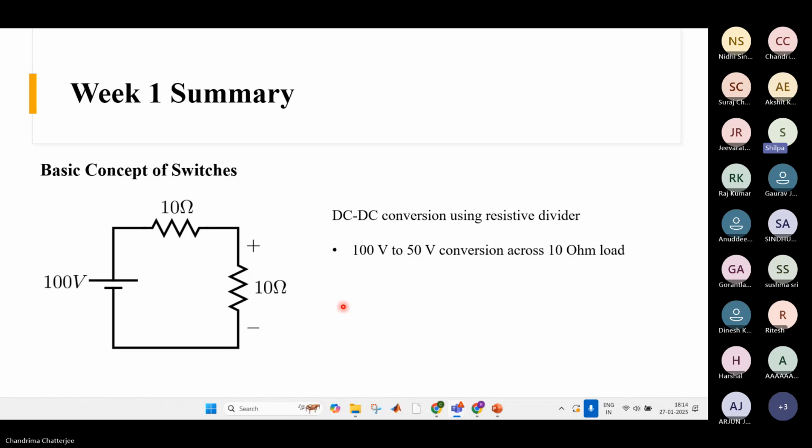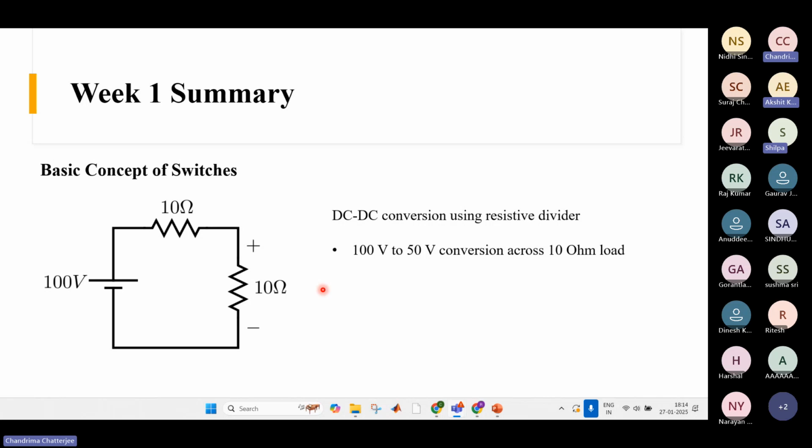Voltage is divided across the different resistors, but the current remains the same. You have 100 volts and a resistor of 10, so Ohm's law: I equals V by R, 100 divided by 10, which is 10 amps.